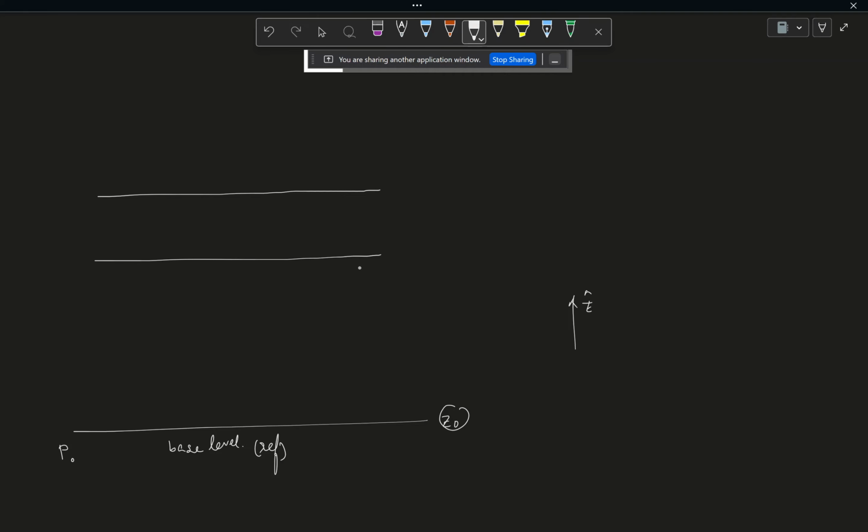Then at a certain height from this base level, let's say a height of z, the pressure of the Brownian gas molecules is p, and this is level 1, and this is level 2. The distance from level 1 to level 2 is just dz. And here the pressure is also higher, p plus dp.